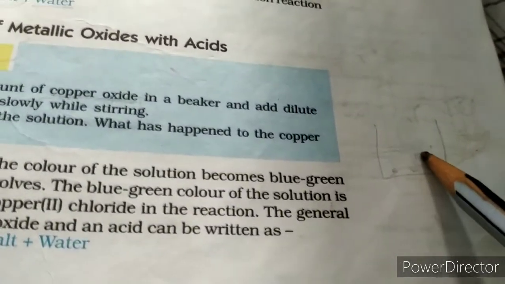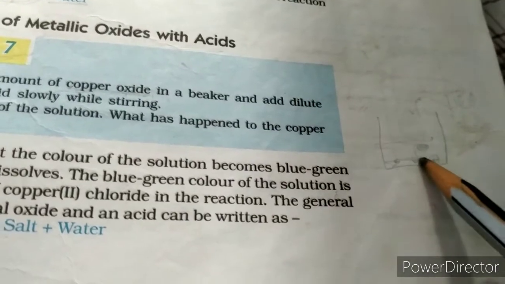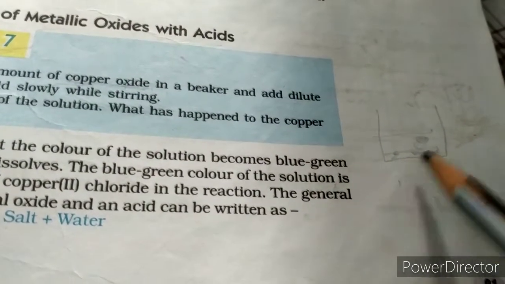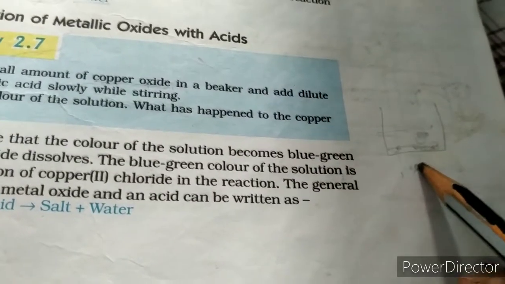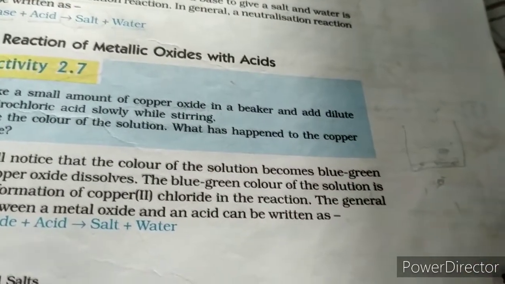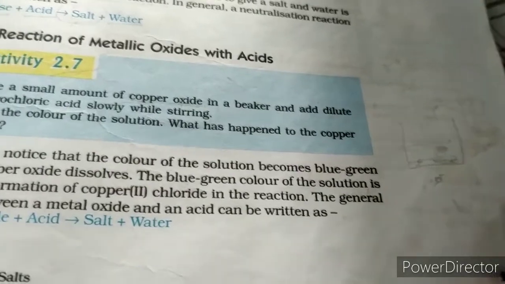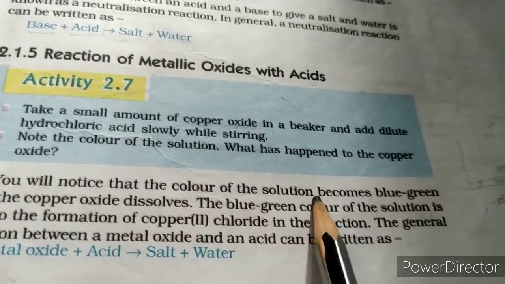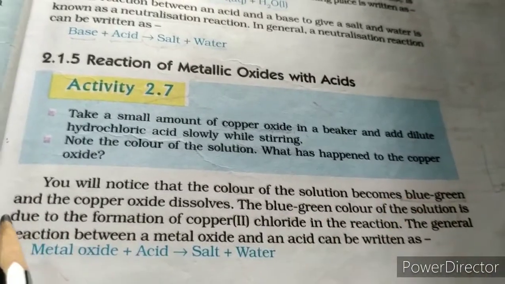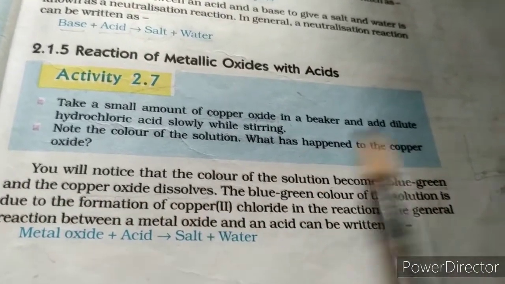After adding hydrochloric acid, the color of the copper oxide, which is brown, changes to blue green. What is happening here is written: you will notice that the color of the solution becomes blue green and the copper oxide is dissolved.